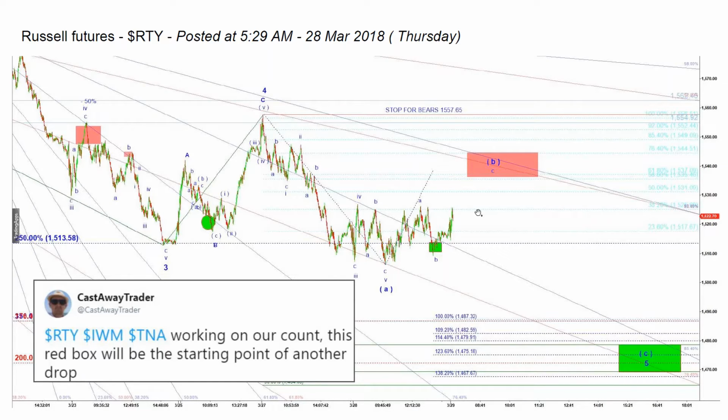I don't watch that stuff at all, I'm watching the count, and my count tells me that it's ABC up, and this is my target box, and we just sit on our hands and wait until price gets into the box.